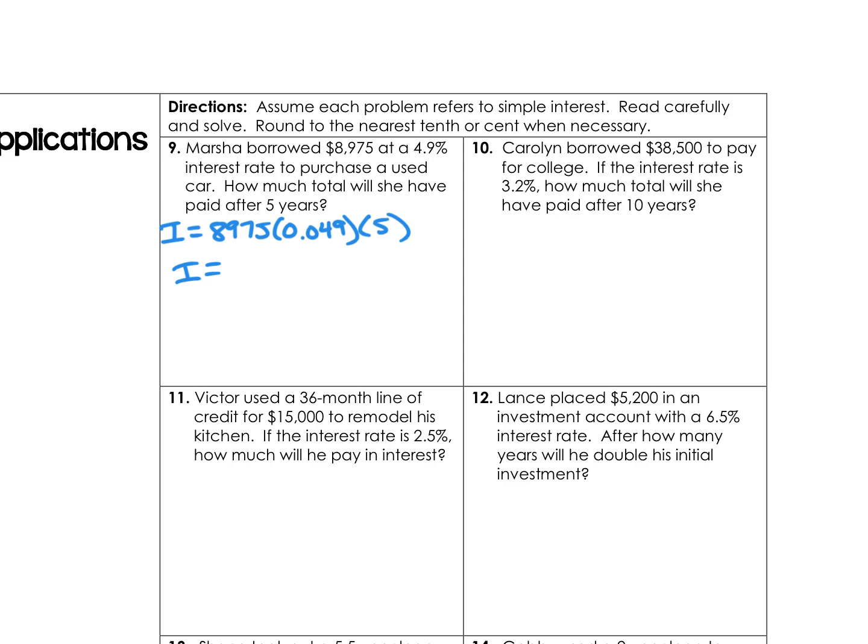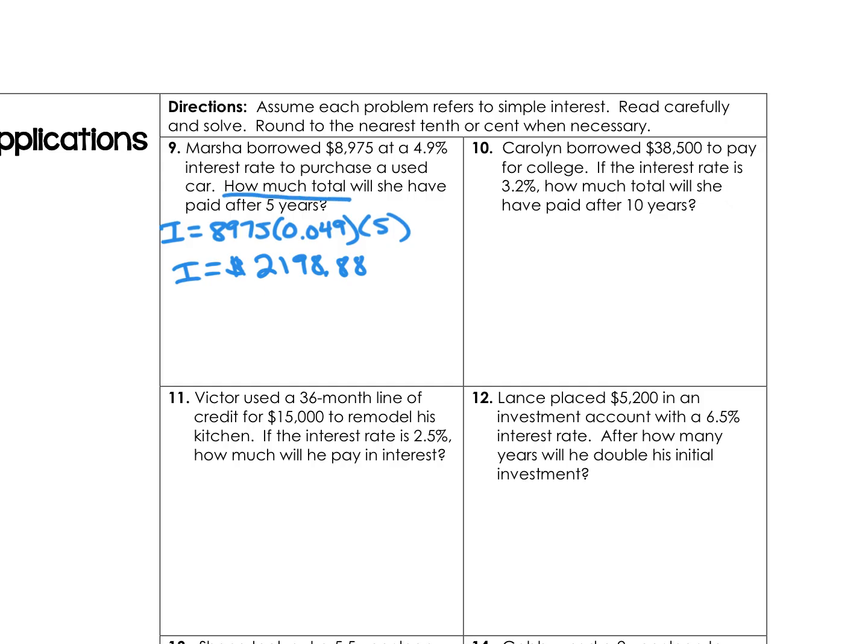So the interest she ends up having to pay is $2,198.88. But the question isn't asking for the interest, it's asking how much total she'll have paid after the 5 years.